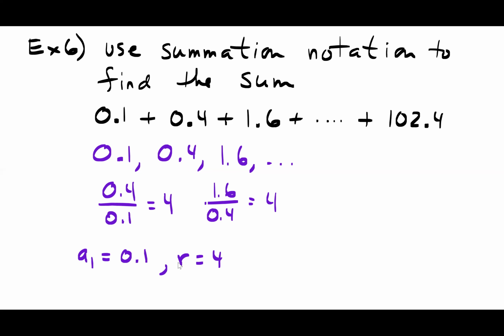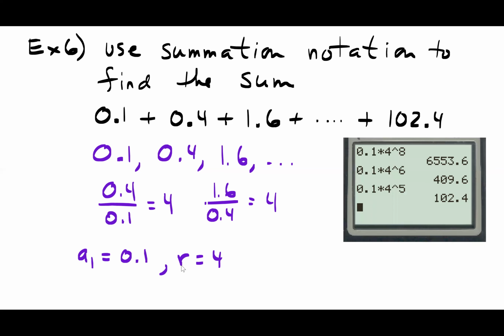So let's plug into our calculator. I'm going to plug in this right quick here. So 0.1 times 4 to the 8th power. And if I punch this into the calculator, notice it's way too big. The 0.1 times 4 to the 6th power becomes 409.6. That's not it. But 0.1 times 4 to the 5th power, that gets me my answer.